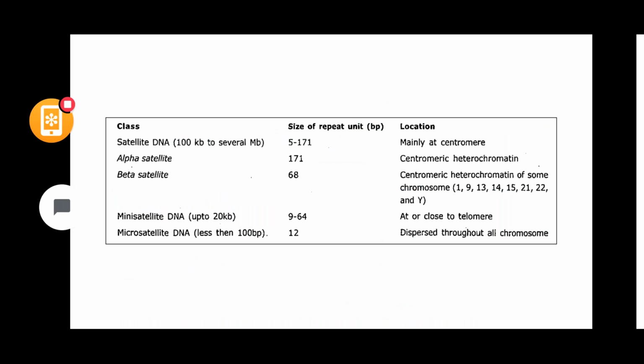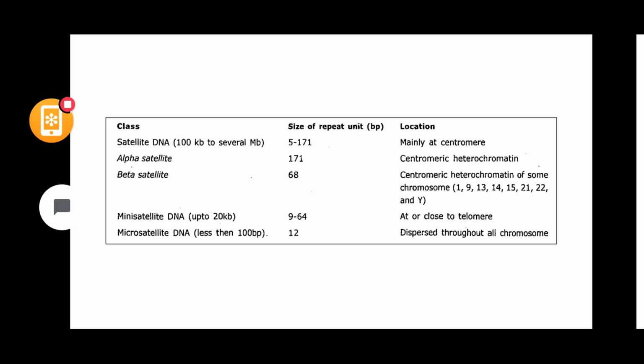Okay, so this is the table. You can see that satellite DNA is usually present in cluster form of about 100 kb to several Mb, like 5000 kb maximum. The repeat unit size is 5 to 171 base pairs, mainly located at the centromere.